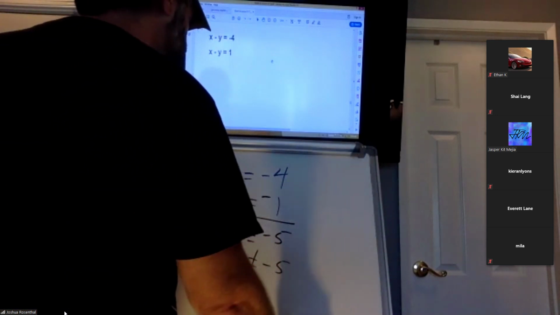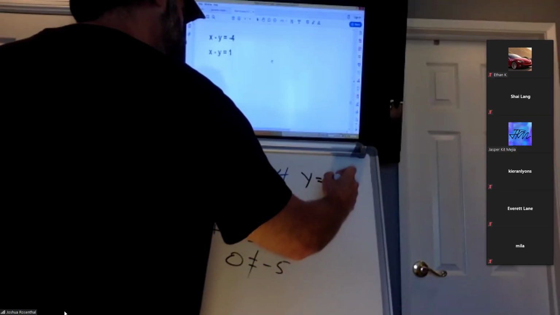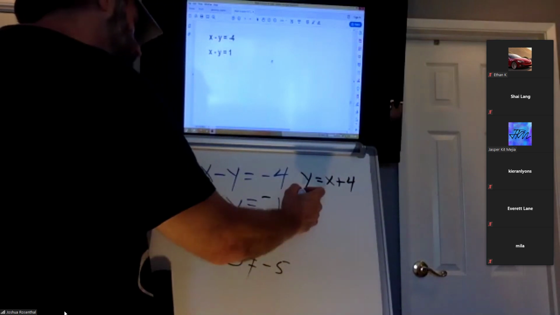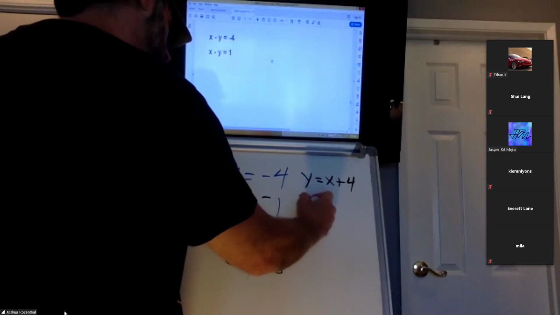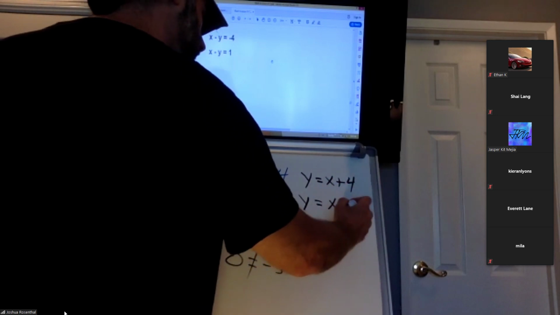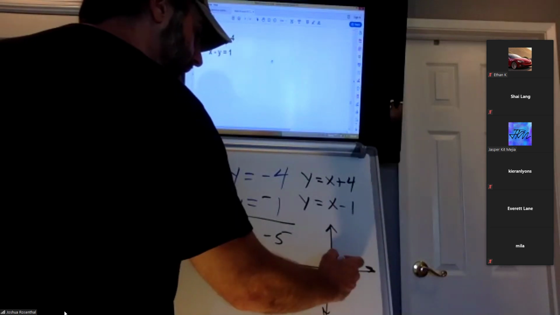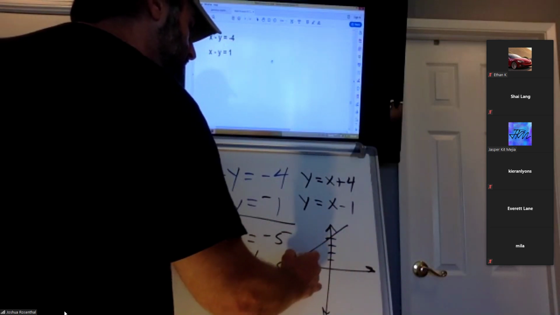This is because when you graph this, this one would be y is equal to x plus 4. This one would be y is equal to x minus 1. One of the lines is doing this.